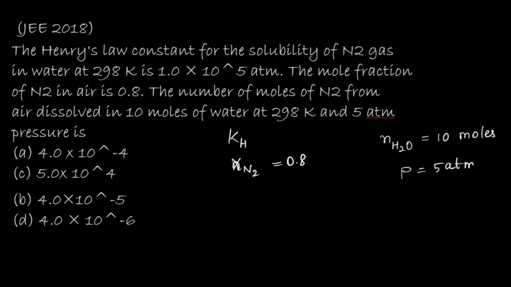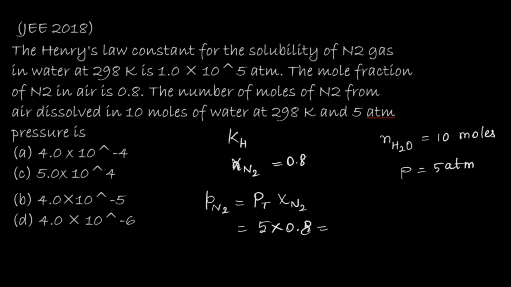So this question deals with Dalton's law of partial pressure. In addition to that, we will come to Henry's law. So first, let's find the partial pressure of nitrogen gas. Partial pressure of nitrogen gas is equal to total pressure into mole fraction of N2, which comes to be 5 into 0.8.